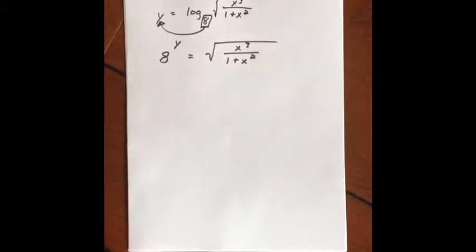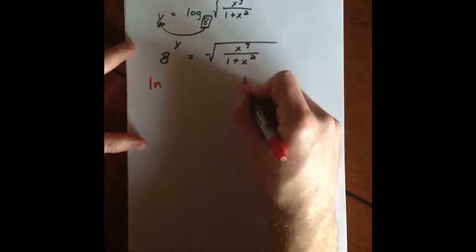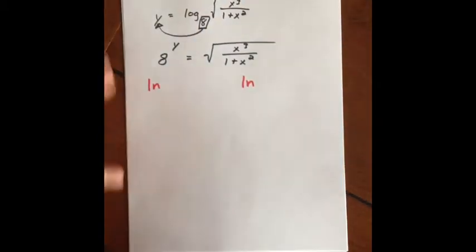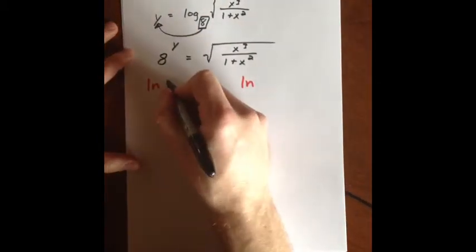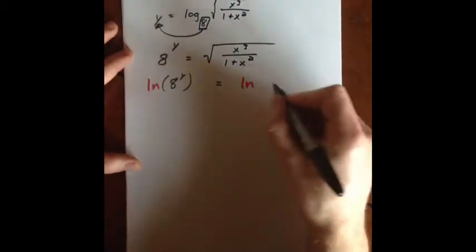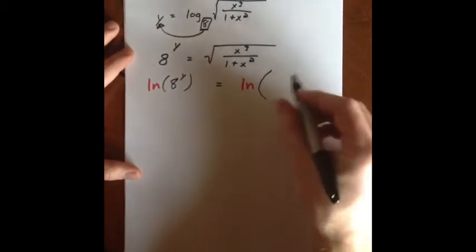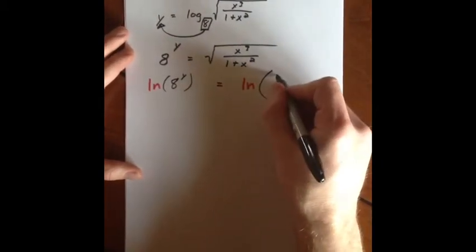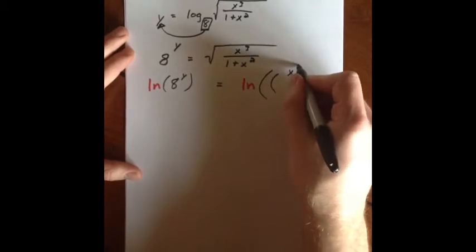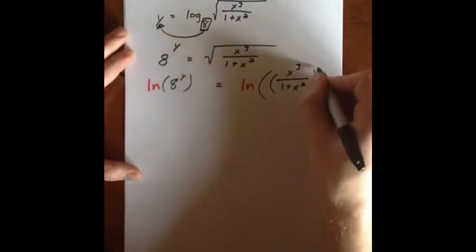Well, what if, I know I got this natural log thing. You can always do the natural log of both sides and maintain equivalence. So natural log of 8 to the y equals natural log of, okay, square root is to the 1/2 power, right? So you got x cubed over 1 plus x squared to the 1/2.